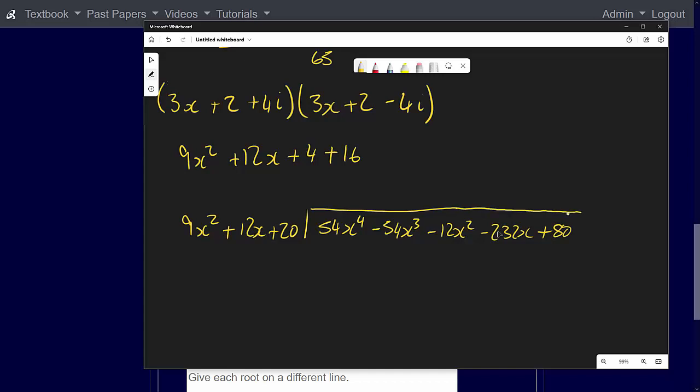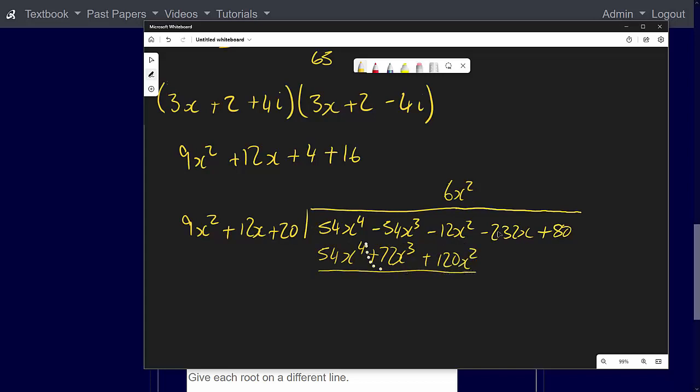So the first question is, what do I have to do to 9x squared to get 54x to the 4? And the answer is multiply by 6x squared. So I'm going to multiply all of this by 6x squared, so 6 9s are 54, 54x to the 4, and then 12 6s are 72, so that's plus 72x cubed. 20 times 6 is 120, so that's plus 120x squared.